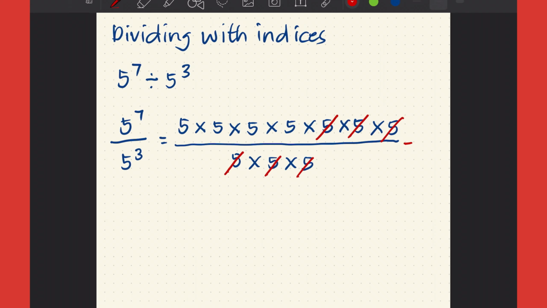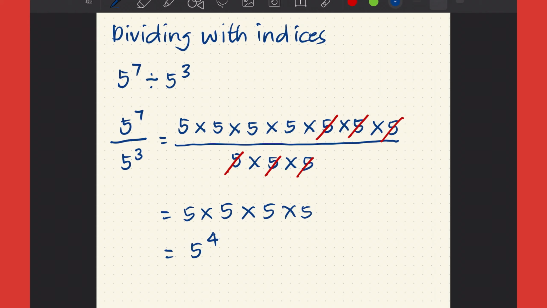What we are left with is 5 times 5 times 5 times 5, which is equal to 5 raised to the power of 4.